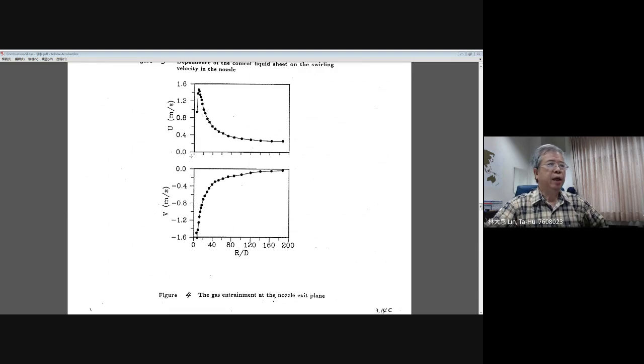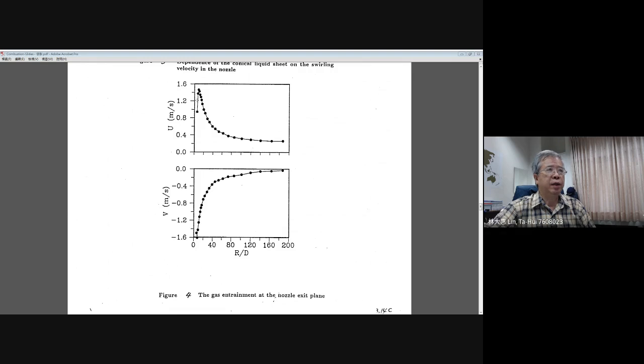Okay, when we look at the axial velocity first, you can see there is the highest axial velocity around maybe r divided by d equal to 10, somewhere here, but it will reduce continuously to the outer surrounding environment. And this tells you the axial momentum is reduced along the radial distance. And here there is a reduction in the axial velocity.